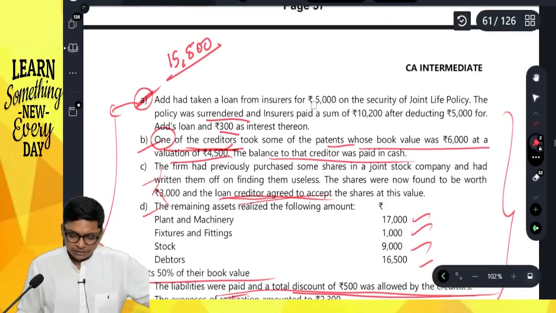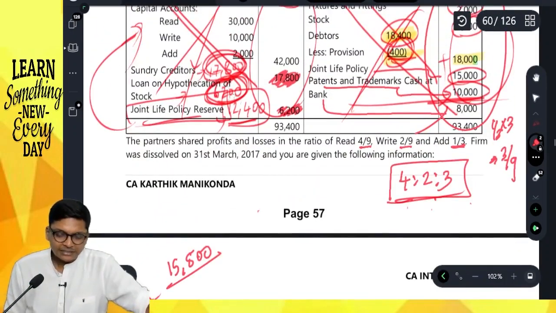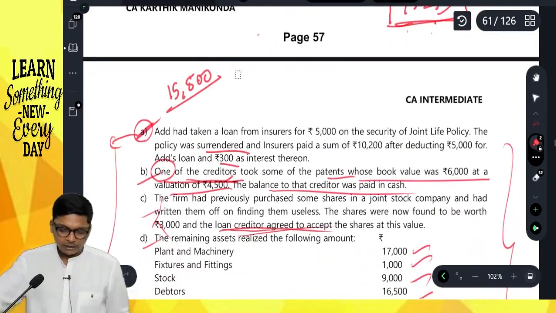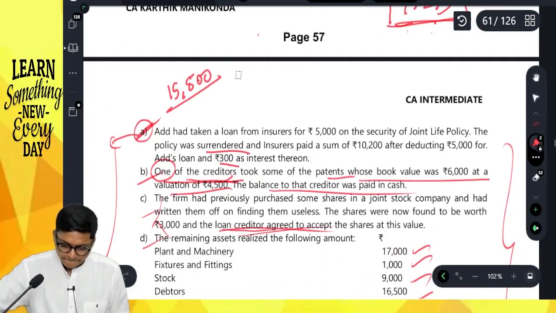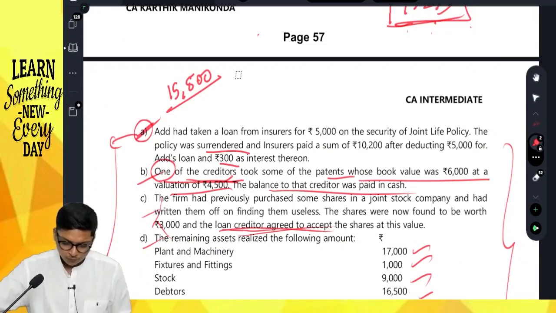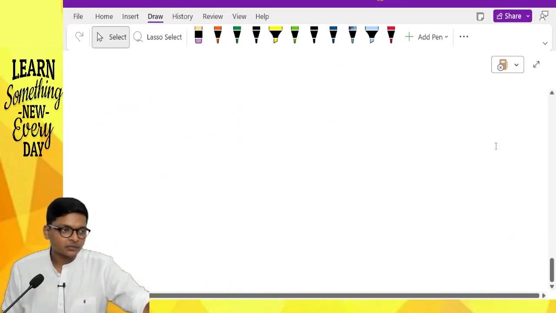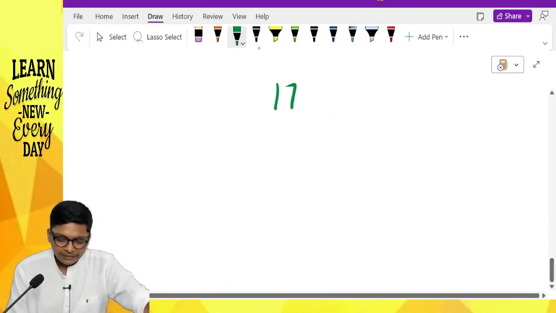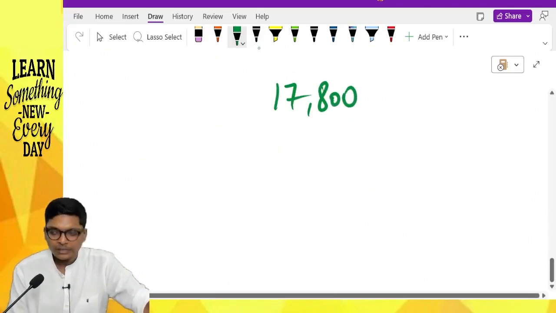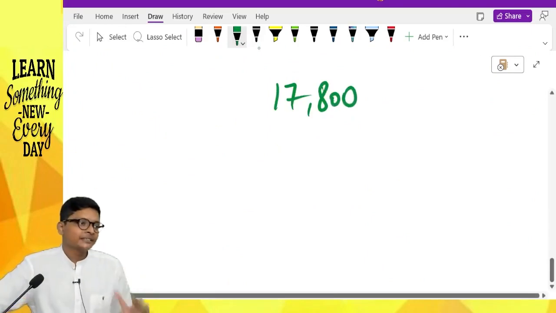Are you able to follow, guys? Total creditors in the question is 17,800, correct? 17,800. Fine. So now I need to prepare an analysis working note of my creditors of 17,800, how they are being settled.